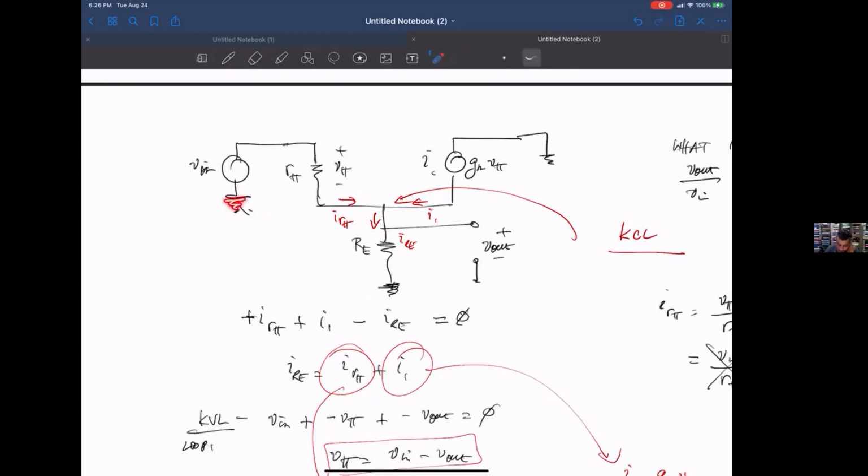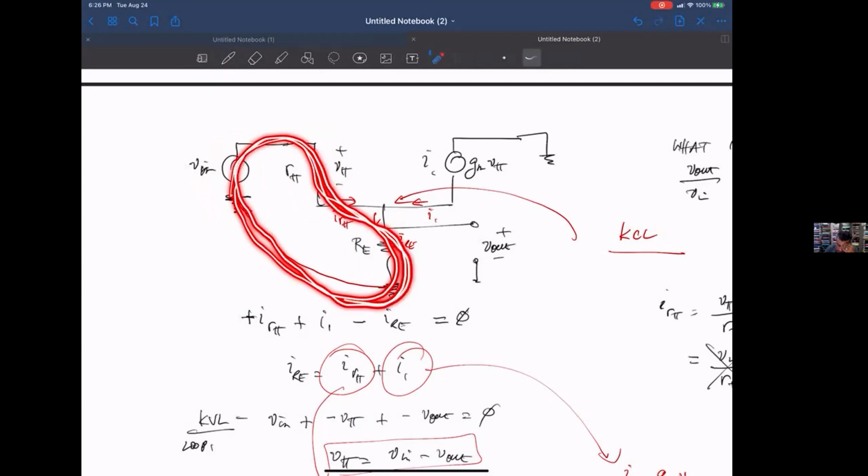This guy is connected to ground, and this guy is connected to ground. So the first thing to observe is that this is shorthand for the fact that these two nodes are connected together and to the same thing. So you have this voltage across this guy, and this voltage across this guy, and this voltage across this guy.